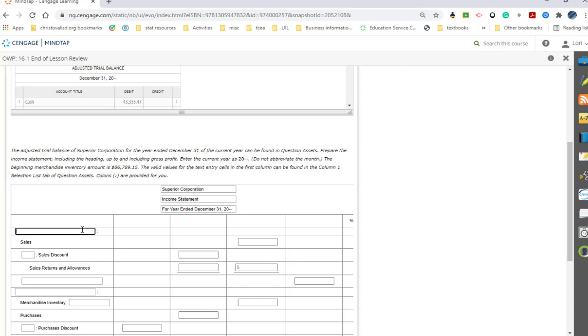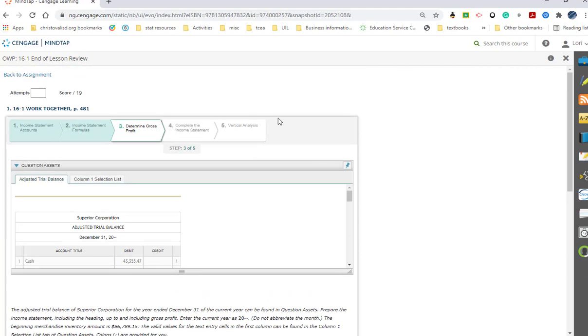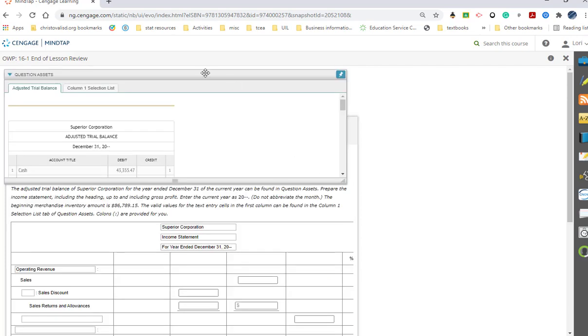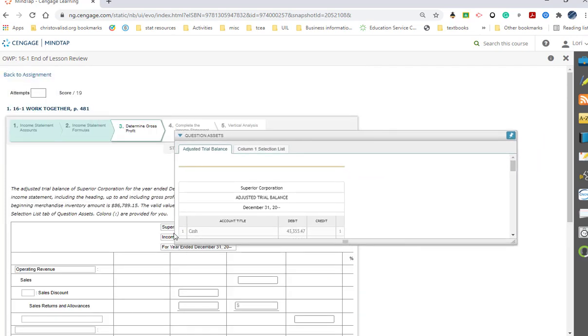Our first thing that we found was our operating revenue. When we looked at our adjusted trial balance, let's go ahead and I'm going to pin this to where I can slide it down over here.